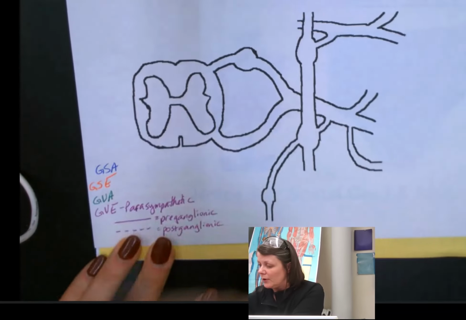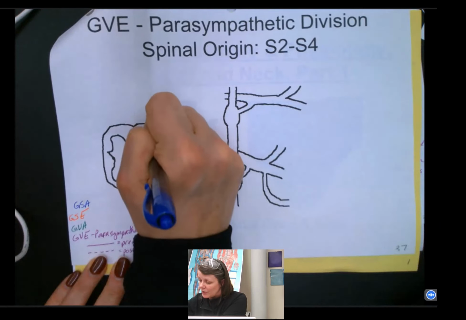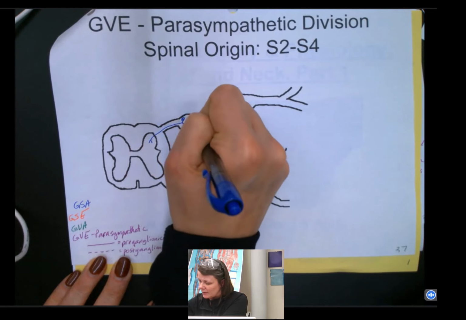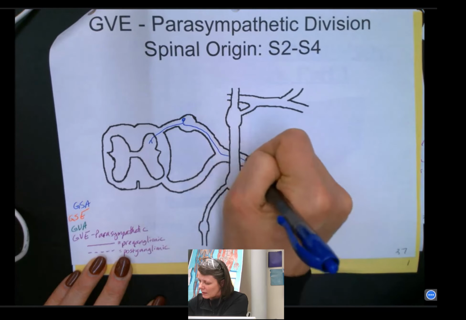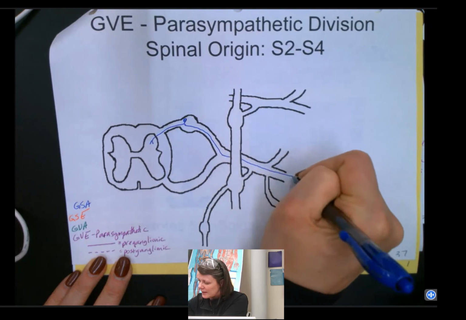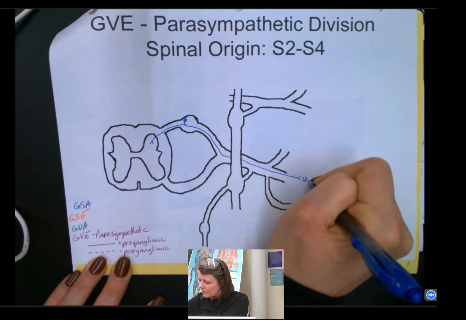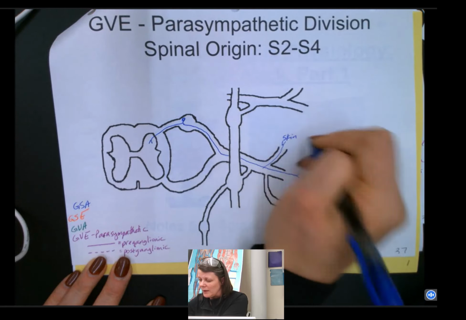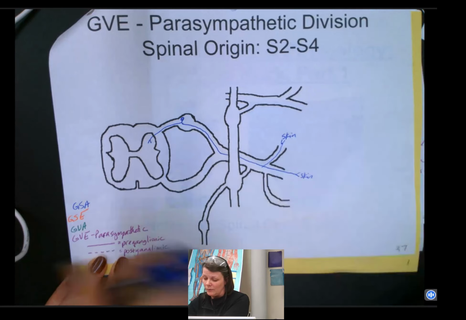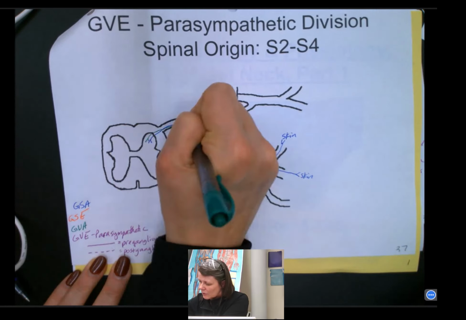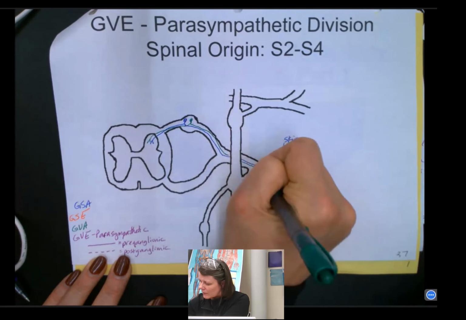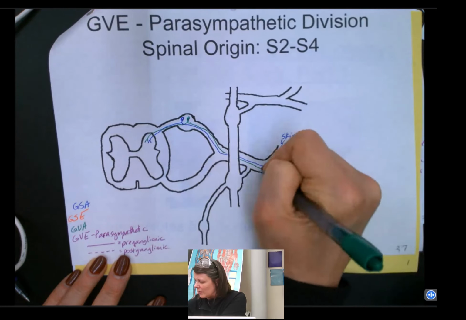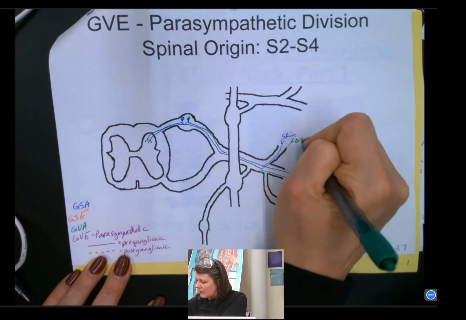And much like before, if I want to draw my GSA neuron, there it is with its cell body, and its axon goes out to skin, bringing pain, temperature, and pressure back to the spinal cord. We are also going to have neurons that are going to be bringing sensations back from organs, right?